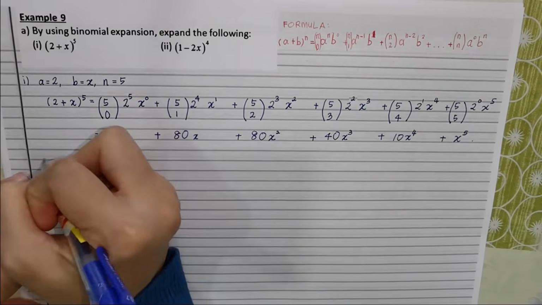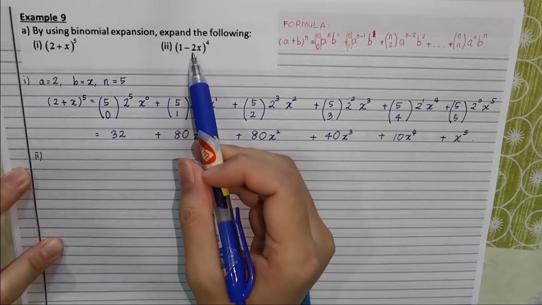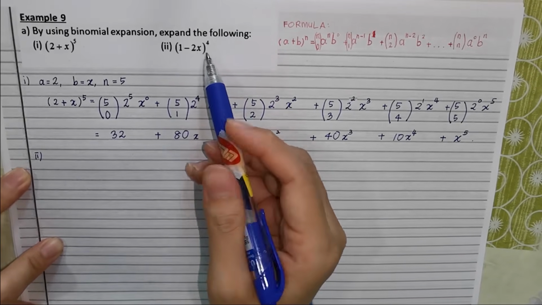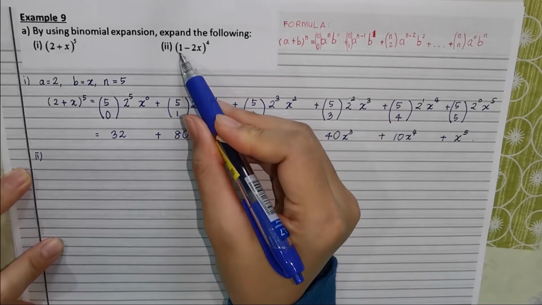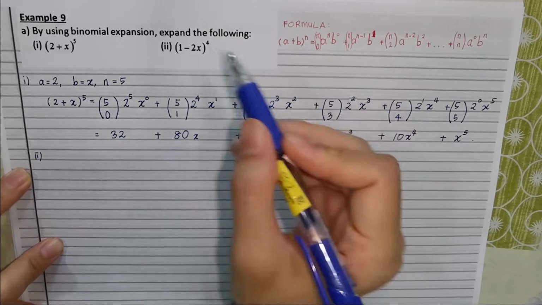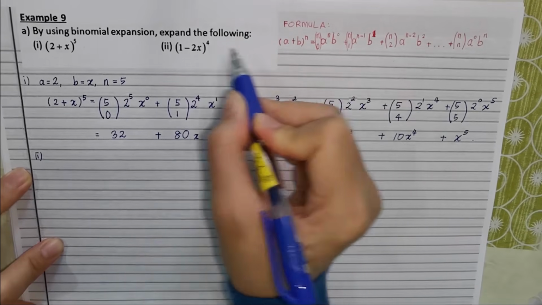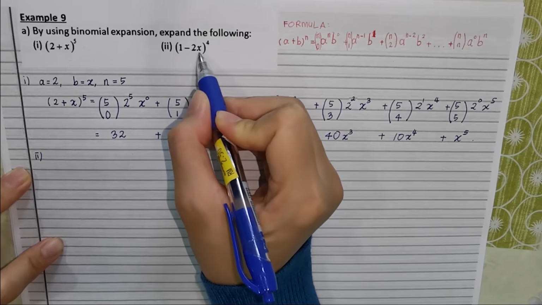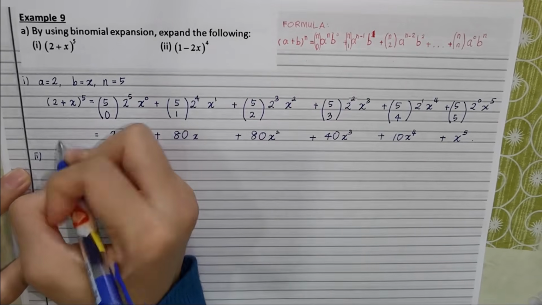For the second example, we have to expand (1 − 2x)^4. We apply this formula with a is 1, b is negative 2x, because you have to get positive in the middle, and n is 4.